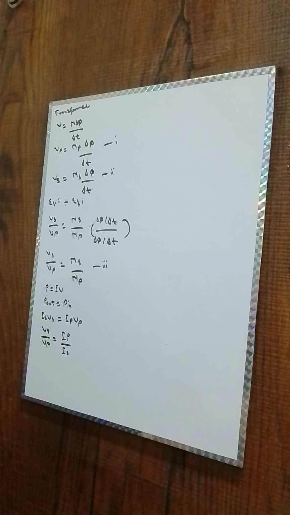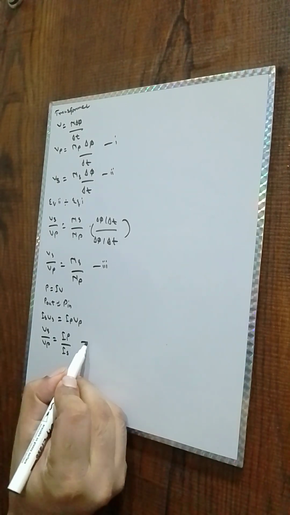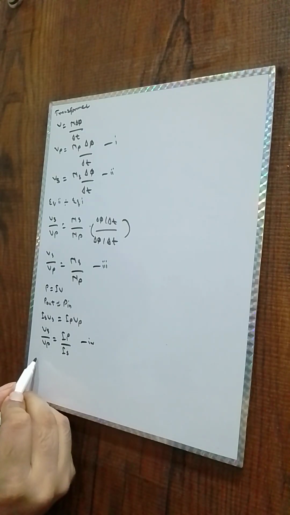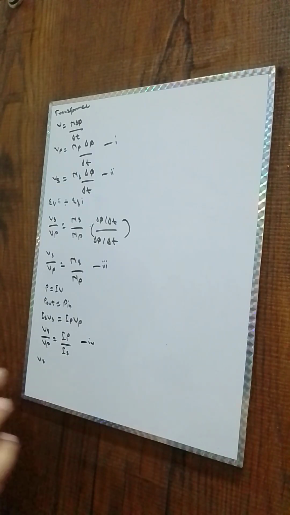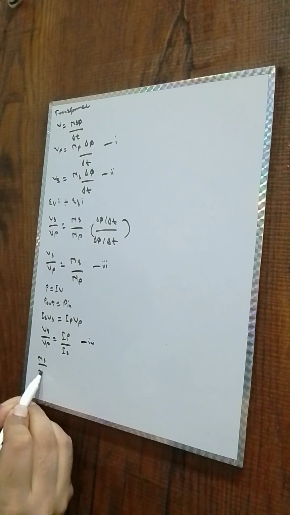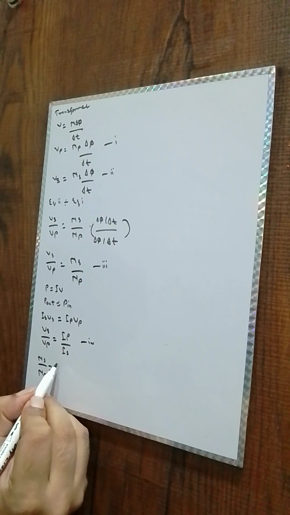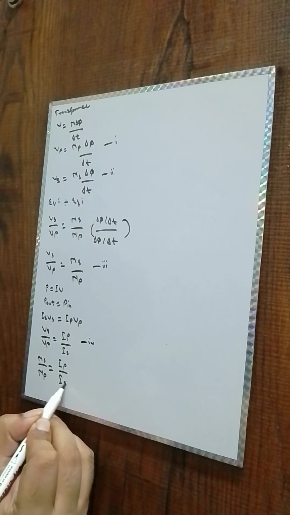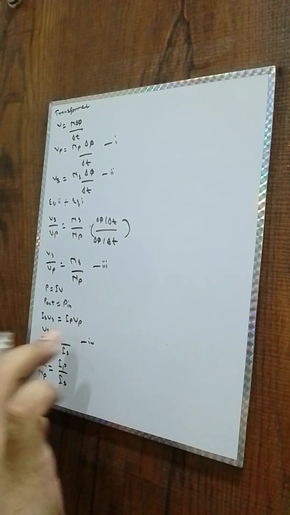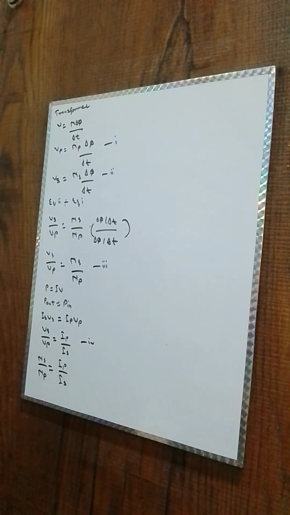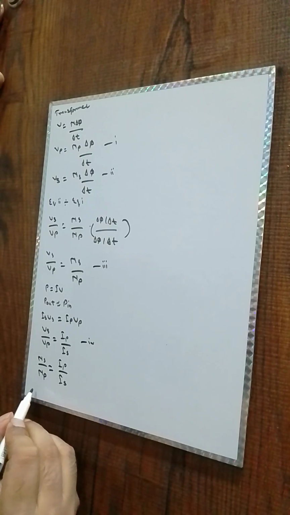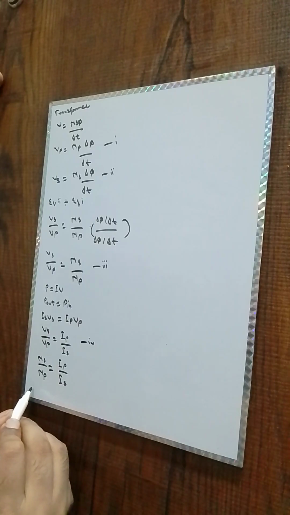So this is 4 here, and as we know that Vs by Vp is equal to Ns by Np, so Ns by Np becomes Ip by Is too, because Vs by Vp is also equal to Ip by Is. So we can rearrange and develop another form.